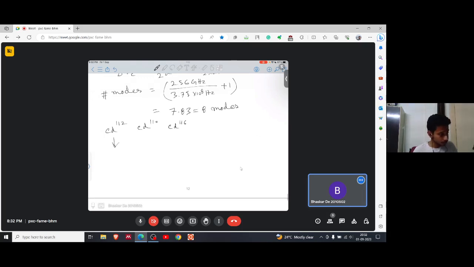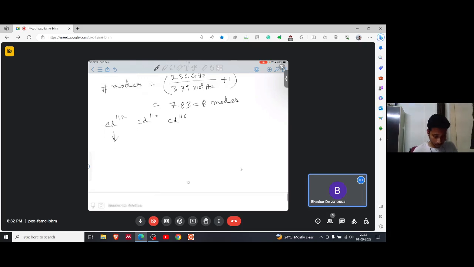This one has a gain of 10%, this one has a gain of 5.2%, this one has a gain of 3.2%.